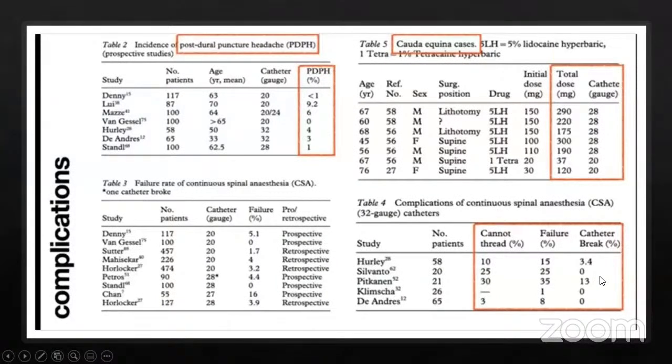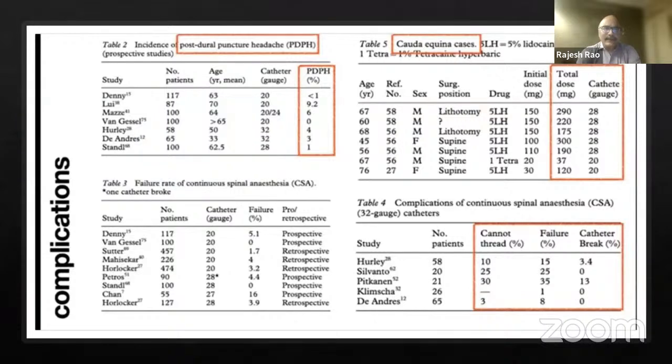This is just to show the different studies showing the complication rates, which vary from 1% to almost 9% for PDPH, and it all depends on the catheter gauge used and the drug which is used. There are a few cases of breakage of catheter also, which are microcatheters.